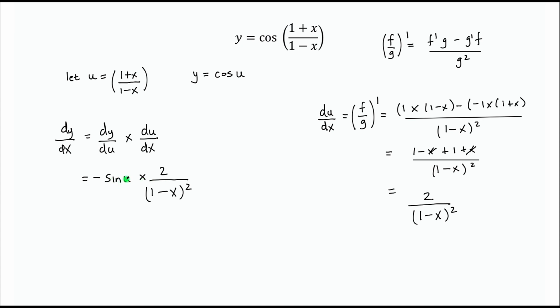Now we'll substitute 1 plus x over 1 minus x for u in here, and that should give us minus 2 sine of 1 plus x over 1 minus x, over 1 minus x all squared. So that would be my final answer.